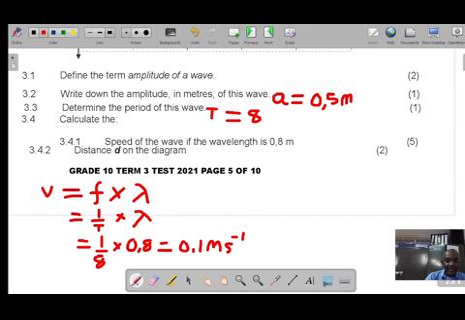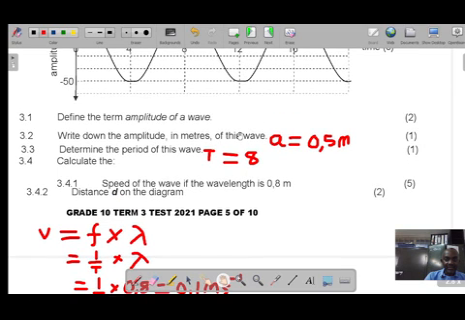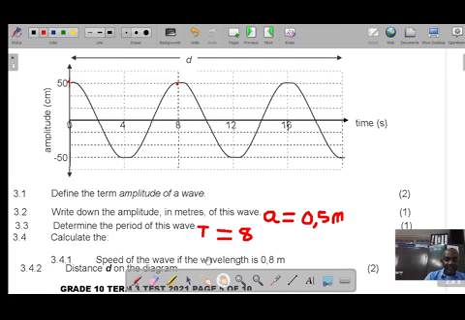Okay. And then they said distance D on the diagram. So distance D is how many wavelengths? Let me check again. On my diagram here, from this point to this point is one wavelength.